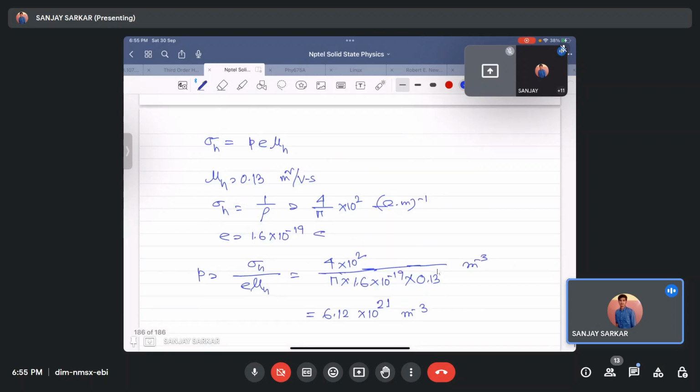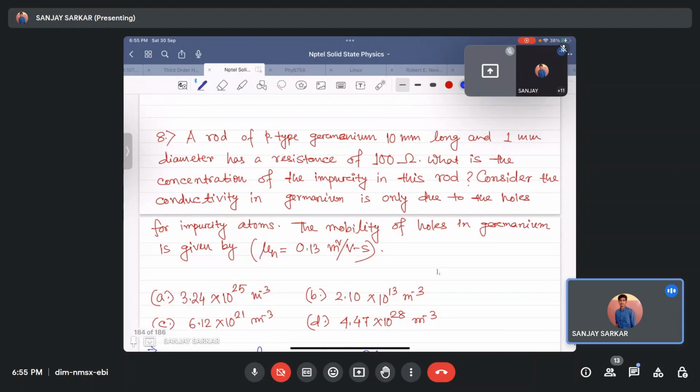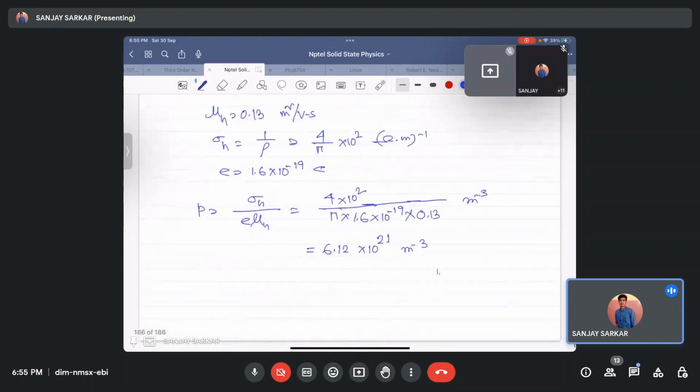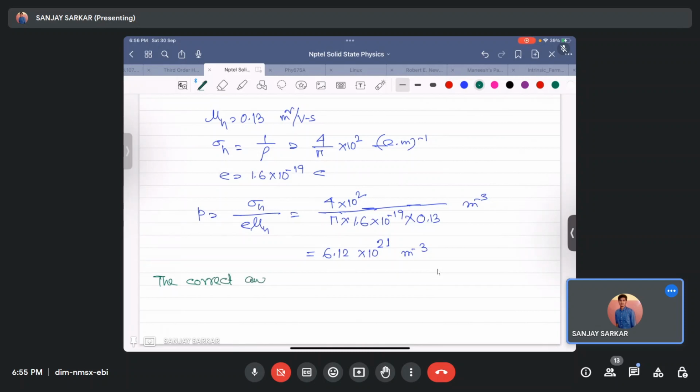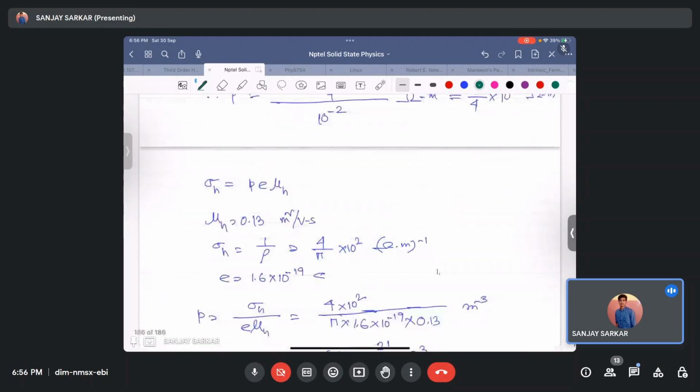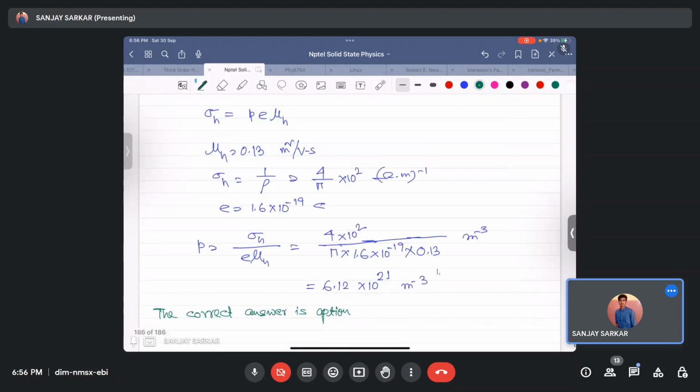So this is the concentration of holes in this p-type germanium. So the correct answer is option C.